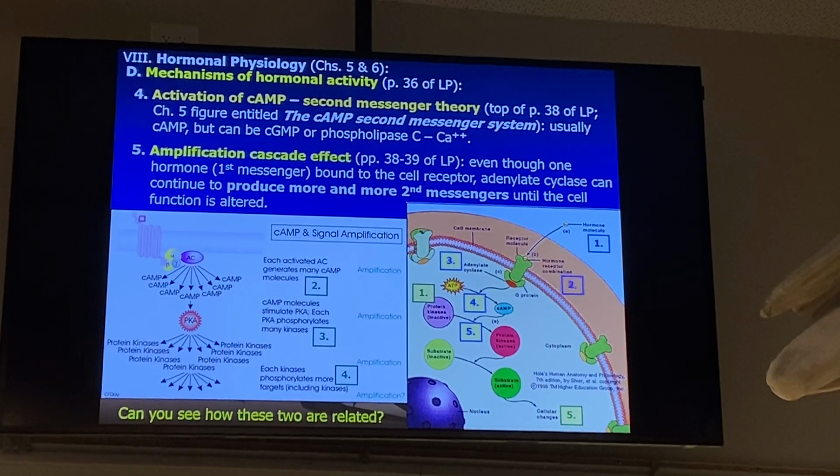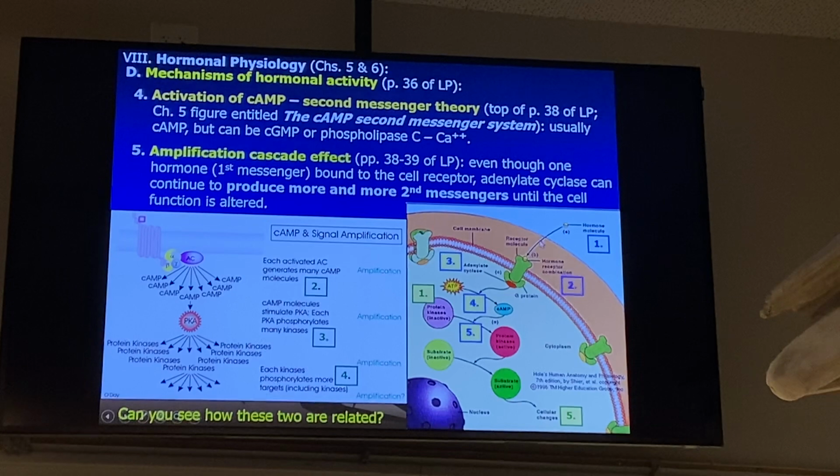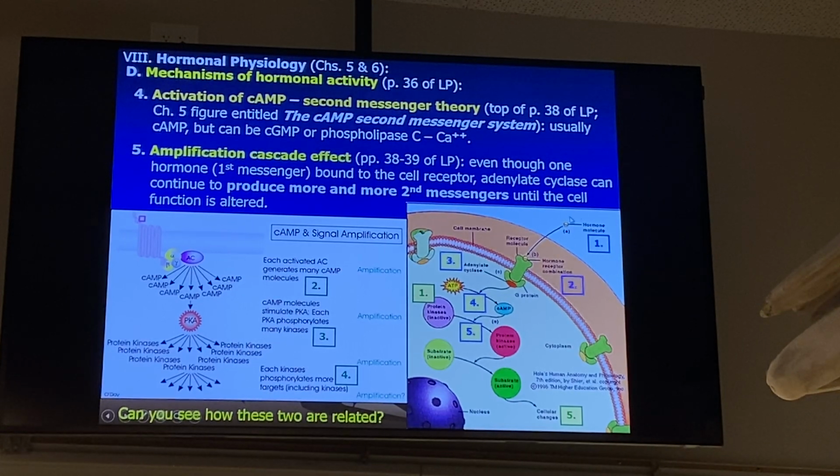For large protein hormones, look right here, it never enters the cell. This is the first messenger. Well, how do you get this cell in motion? You need a second messenger, and that's the cyclic AMP. The second messenger. Now figure it out. That should give you enough to figure this out.